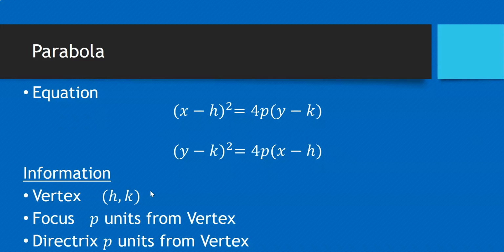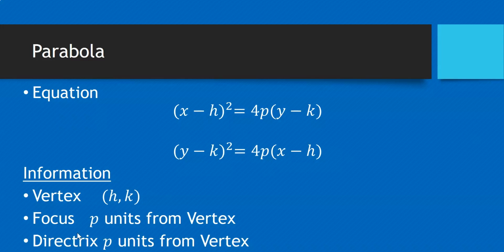In both equations, there are three main parts of interest. The first is the vertex. That's the point h comma k. And that vertex is going to be either the bottommost point, the topmost point, the leftmost point, or the rightmost point, depending on what way our parabola is pointing.